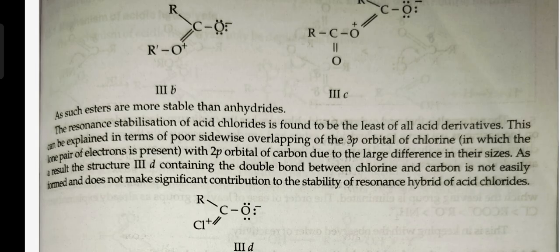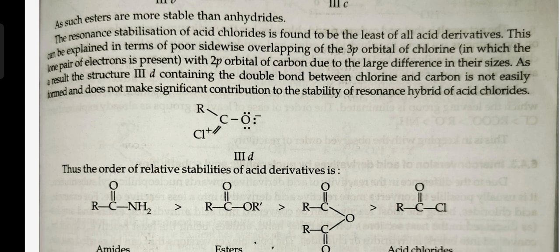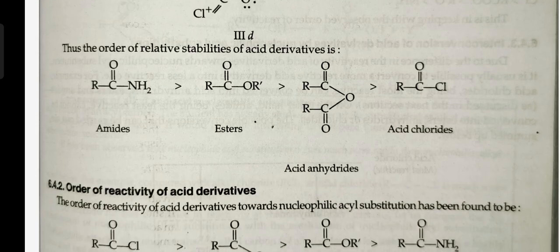As a result, structure 3D containing the double bond between chlorine and carbon is not easily formed and does not make a significant contribution to the stability of the resonance hybrid of acid chloride. Thus, the order of relative stability of acid derivatives is, in decreasing order: amides, ester, anhydride, acid chloride.